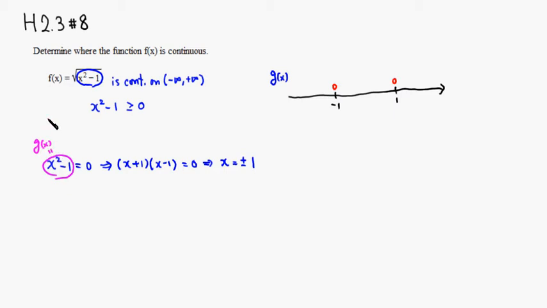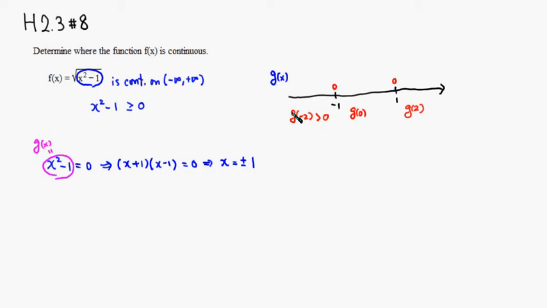Alright, then we want to see if it's positive or negative. So we can just look at any number. I'm going to look at g of negative 2, and in between negative 1 and positive 1, I'll try 0. Bigger than 1, I'll try 2. So if you plug in negative 2, negative 2 squared is 4 minus 1, so that's positive.